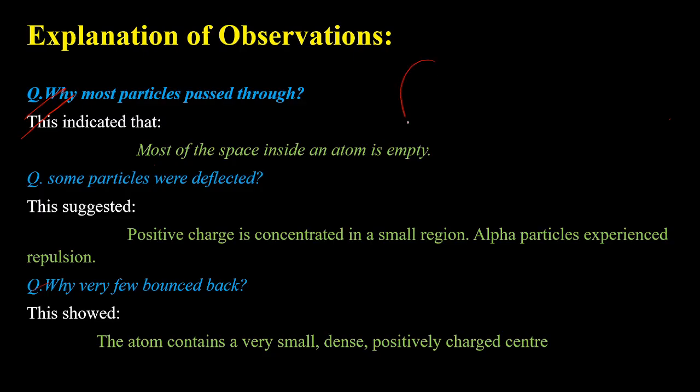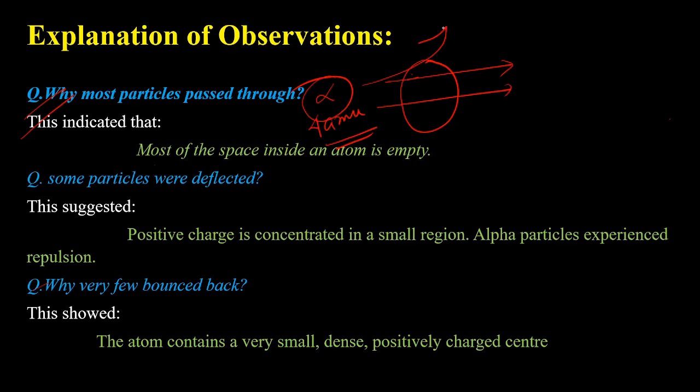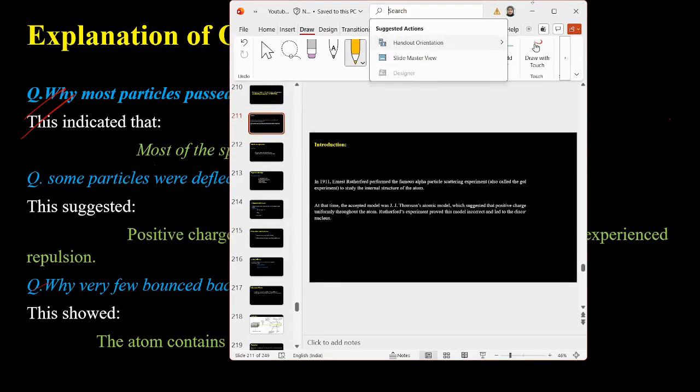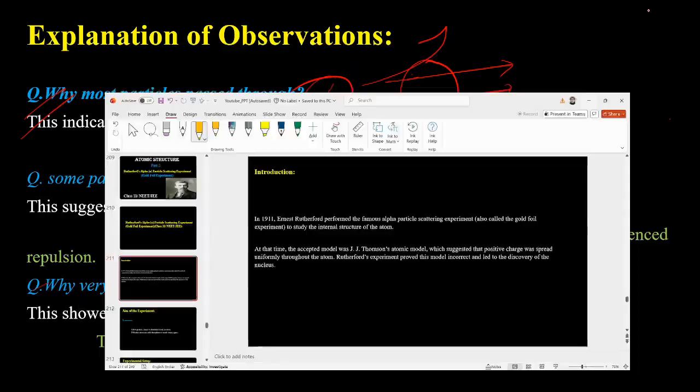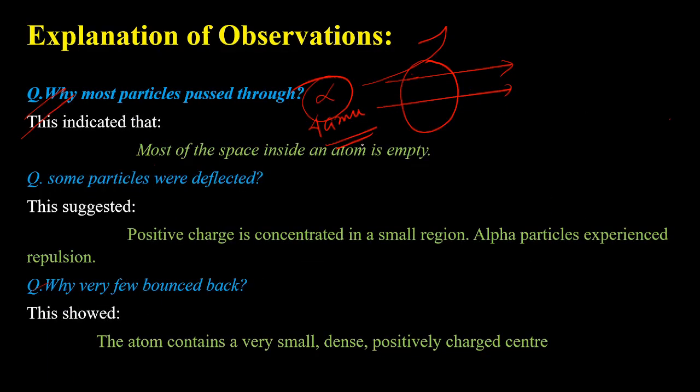If an atom is rigid, an alpha particle which has a mass of 4 atomic mass units could not have passed through the atom, whether in a straight path or a deflected path.